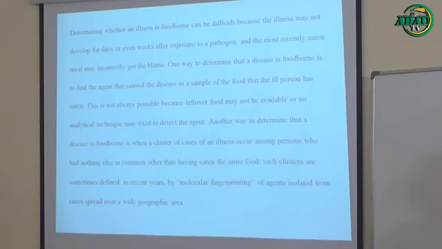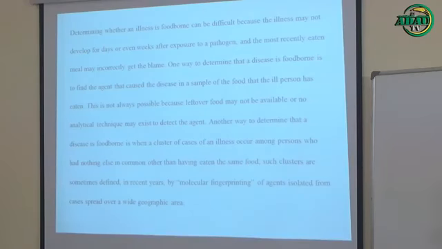Exposure to a pathogen, and the most recently eaten meal may incorrectly get the blame. One of the ways to determine that a disease is foodborne is to find the agent that caused the disease in a sample of the food that the ill person has eaten.